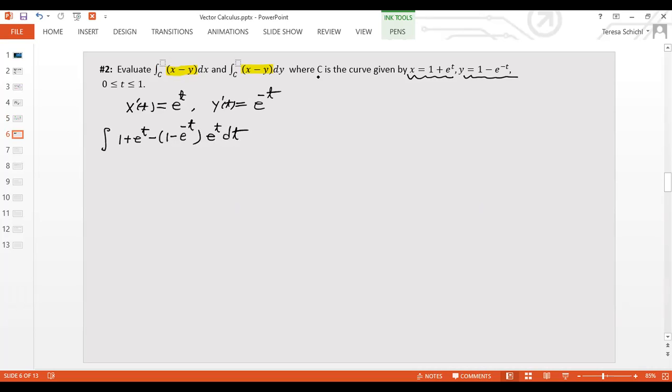And t is from where? t is from 0 to 1. So you change a complicated function to a t function here, right? Now you can combine these a little bit.